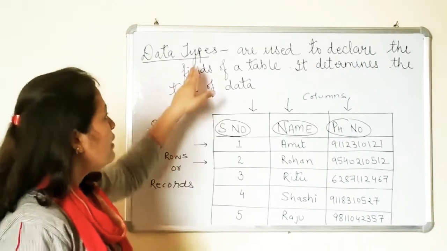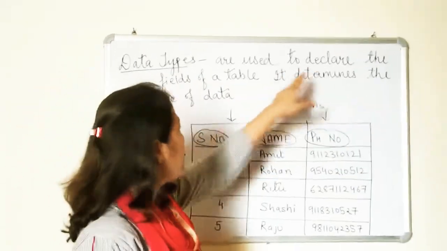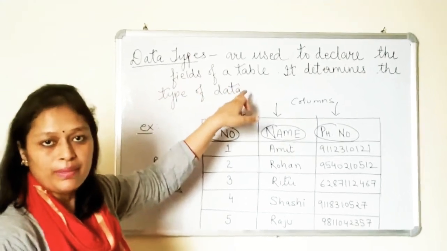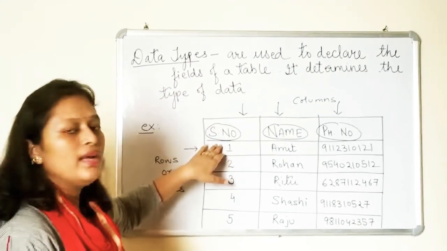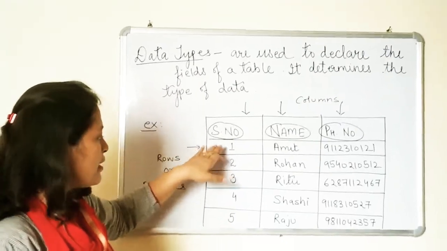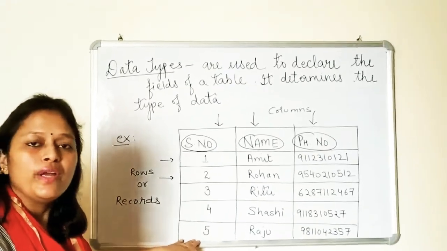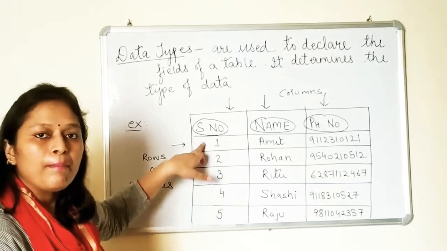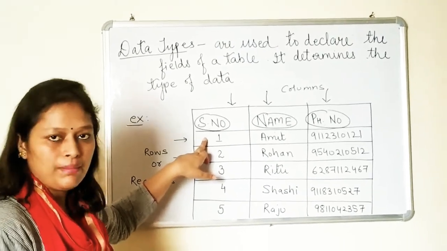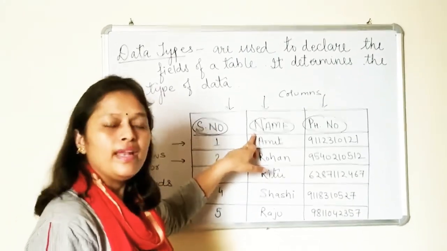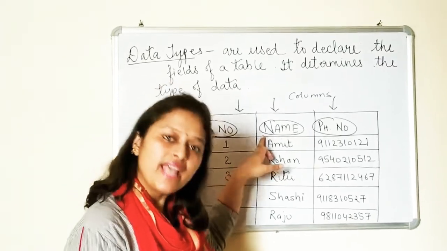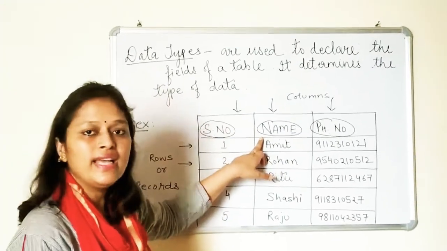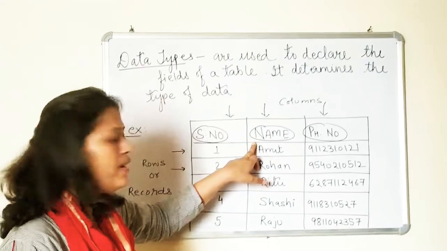Now, data types are used to declare the fields of a table. Serial number, as you know, contains numbers, so it should be in number data type. We can select number data type for serial number. Now name: you know that it is in text format, so we should select text data type for name.